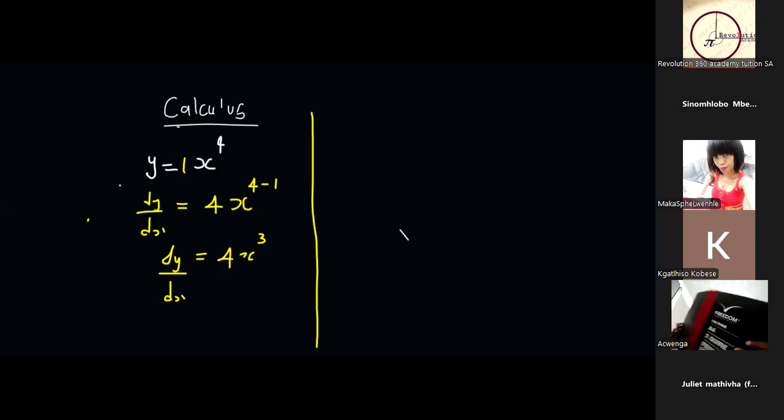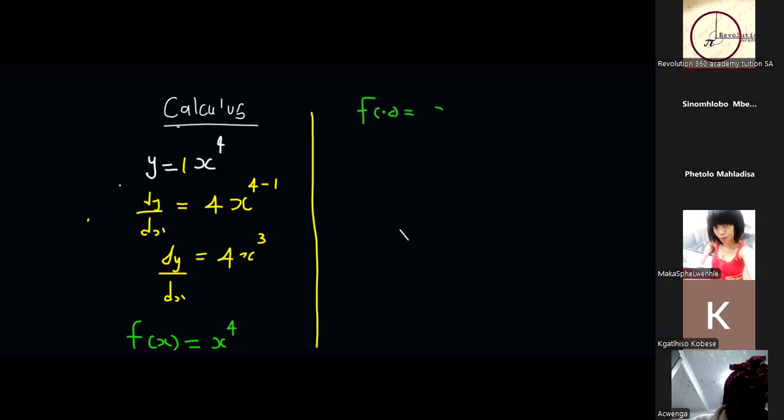So even if you were to find this using first principle, to those who don't understand what first principle is, always when you use first principle, you must have f of x. It equals x to the power of 4, as it is. And then now let's look at finding f of x plus h.